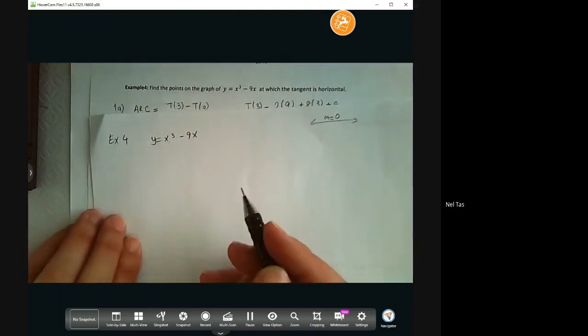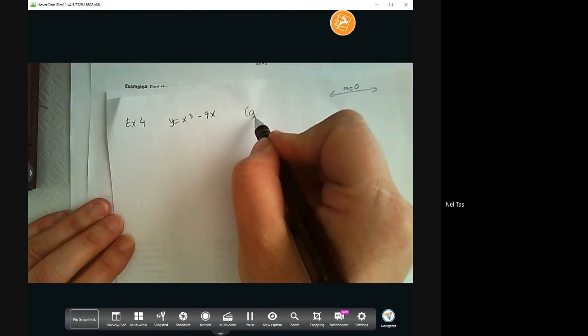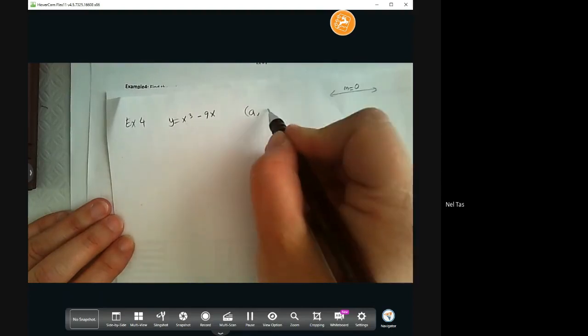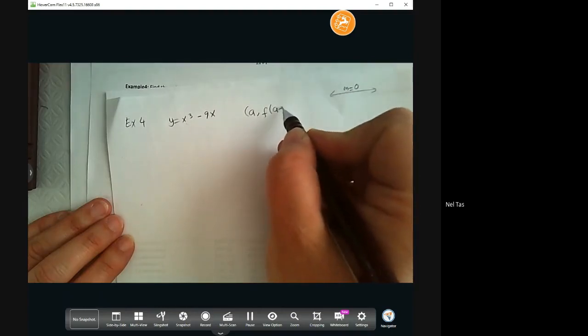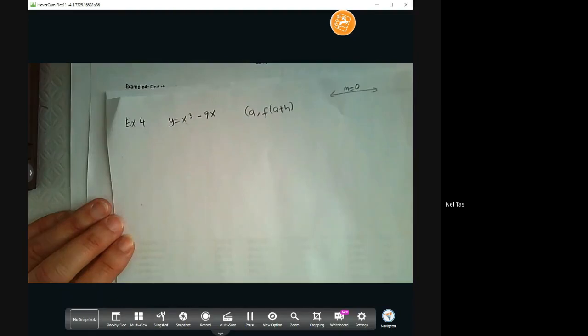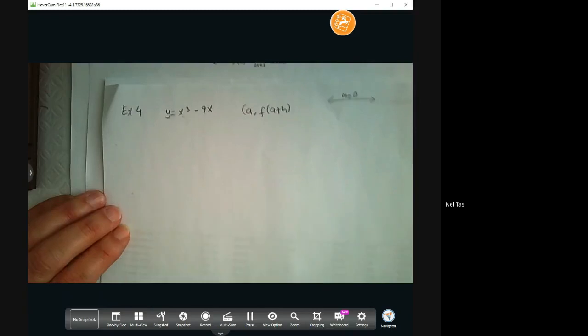So how can we do that? We don't know this time, as you see, the x coordinate of the point is not given. So you have to find out what that x value is. So we don't know that point, but let's say the x coordinate of that point is a. Then the y coordinate is going to be f of a.